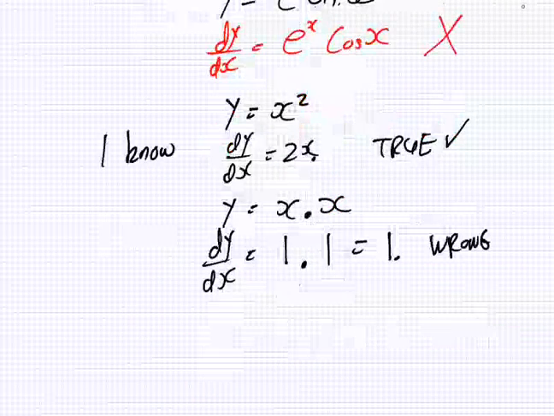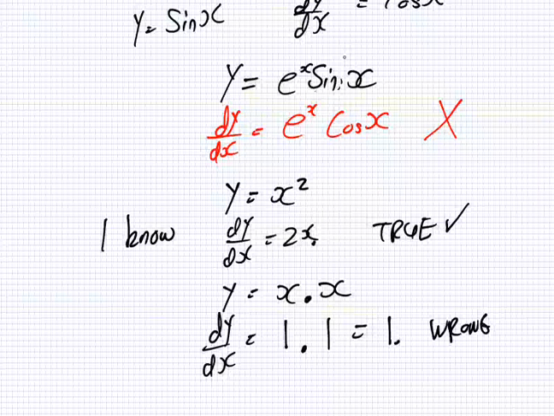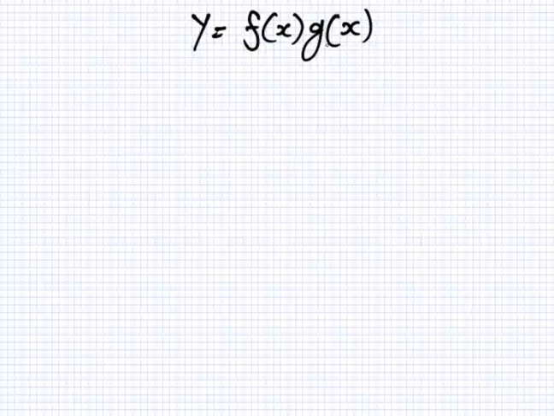I mean, we know what the derivative is for e^x, don't we? And we know what the derivative is for cos x. But in fact, we don't actually know what the derivative is for e^x cos x. So, you might think that dy/dx equals... sorry, I should change this to sine because that's what I did above. You might think dy/dx equals e^x cos x. And if you think that, you'd be wrong.